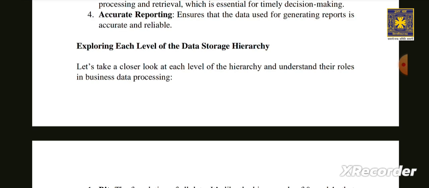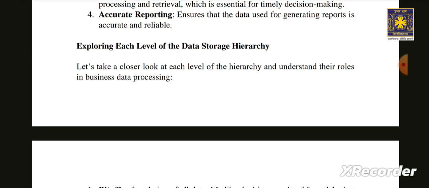Moving up, we have the byte, which consists of 8 bits. Then next we encountered the field, and then record, and moving forward we have a file, and finally we reach the database.